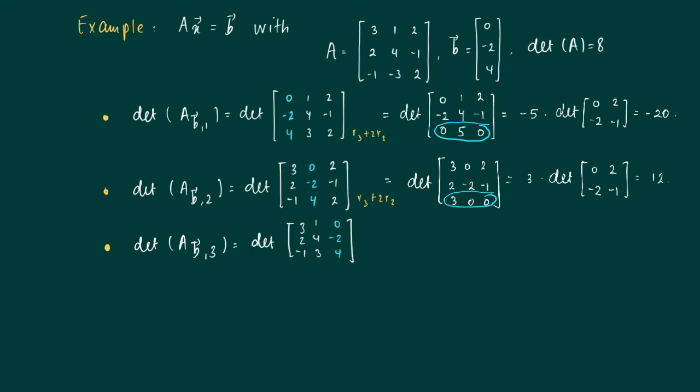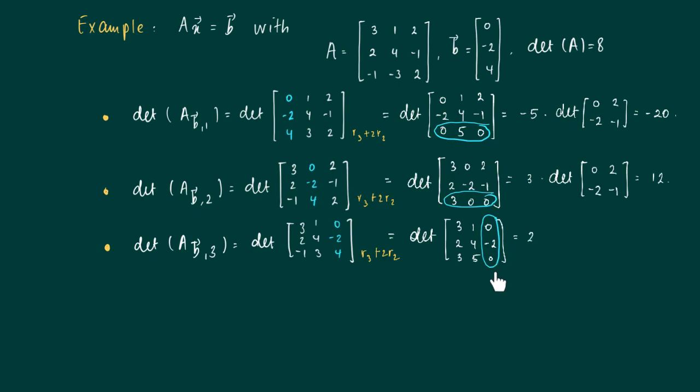And finally, again we add 2 times row 2 to the last row, and we get a determinant in which the last column has 2 zeros.